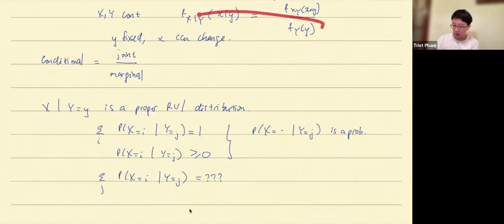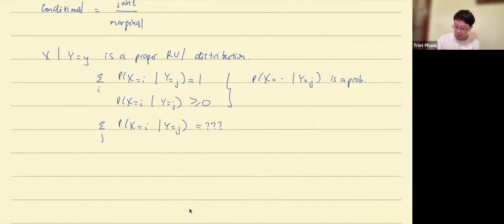Same thing with the continuous case. This actually is a proper density in itself, meaning that if you integrate the conditional density with respect to X, over all values of X, whatever that is, you will get 1.